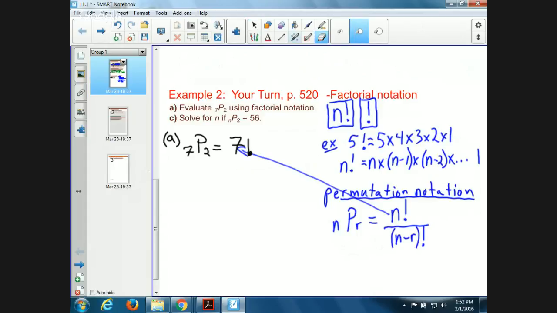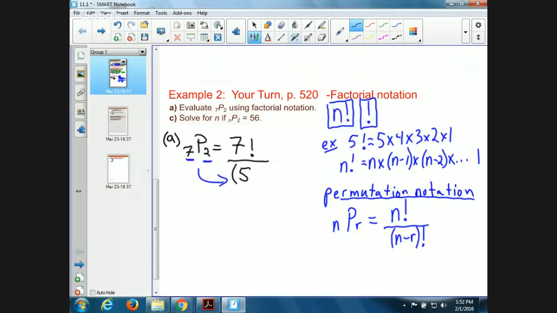The denominator is 7 minus 2 factorial, so 5 factorial. I don't need to put it in a bracket, but 7 minus 2 factorial on the bottom. That's where that came from.